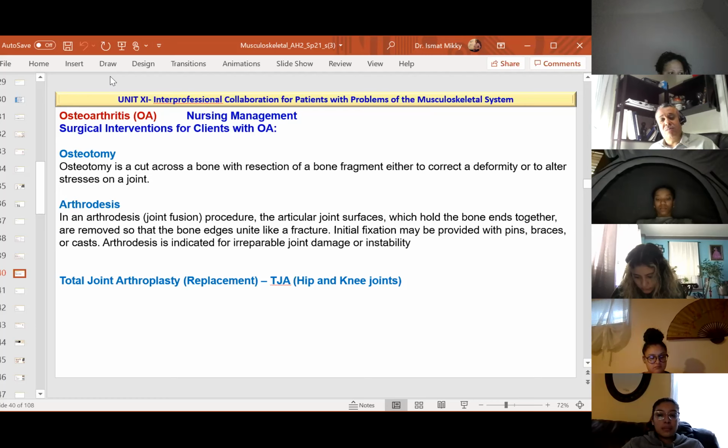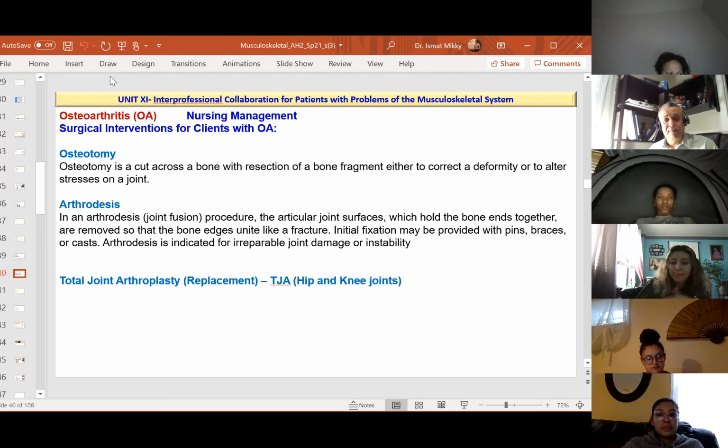Or a patient with post-traumatic arthritis, who developed arthritis after trauma, or a patient who developed osteoarthritis due to septic arthritis, which is arthritis due to infection of the joint.